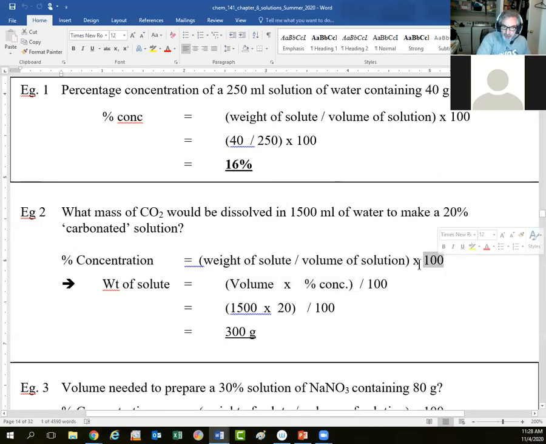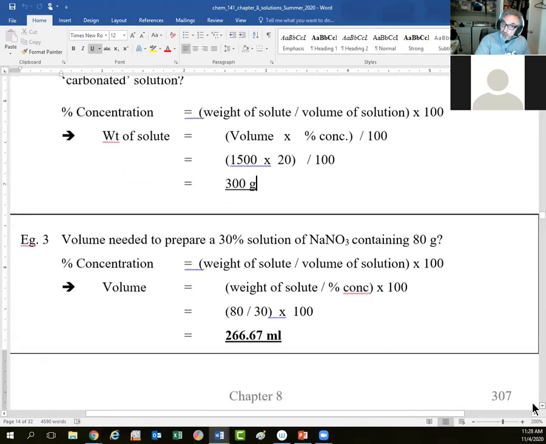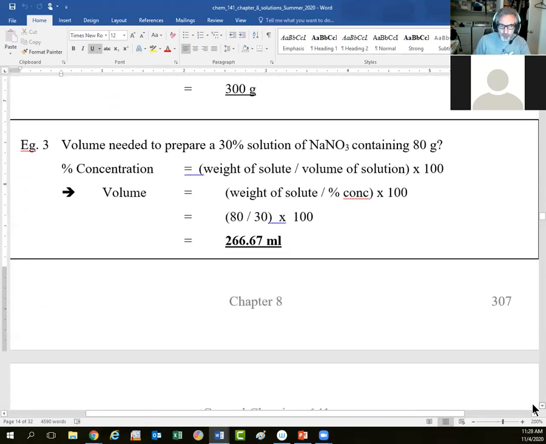And the 100 moves across the equals, so it becomes a divider instead of a multiplier. So we get the weight of solute equal to the volume times the percentage divided by 100. That comes to 300 grams. Fairly straightforward with the percentage concentration questions because we don't usually have to think about the moles.